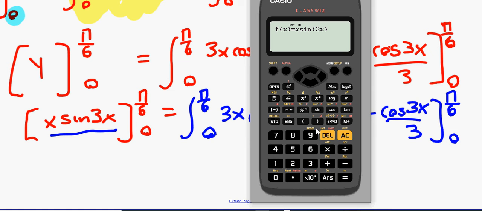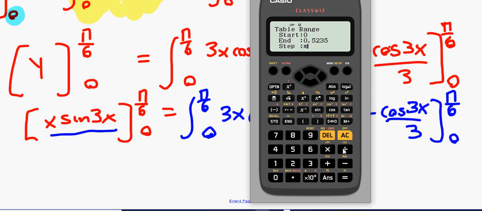You alright with radians? What two inputs do I need? Start 0, end pi divided by 6. Step pi divided by 6.